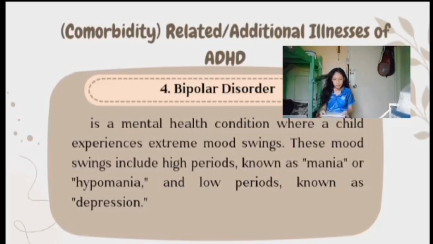Manic episodes are where a child or a person feels extremely happy, energetic, or overly confident. While in a depressed moment, a child or a person feels sad, hopeless, or tired.